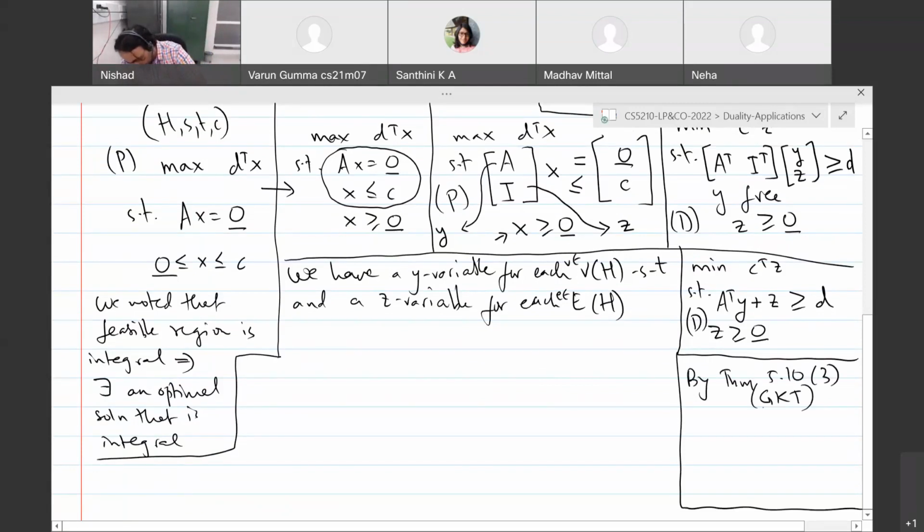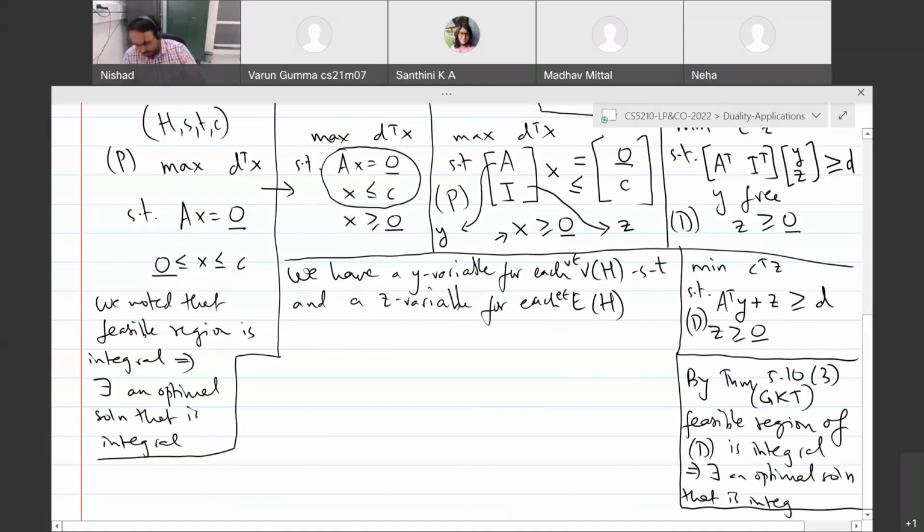The feasible region of the dual LP is also integral. In particular, there exists an optimal solution that is integral. All the hypotheses of the theorem statement number 3 are satisfied, so we can make this conclusion. So at this point, we know that the primal LP has an optimal solution that is integral. The dual LP also has an integral optimal solution.